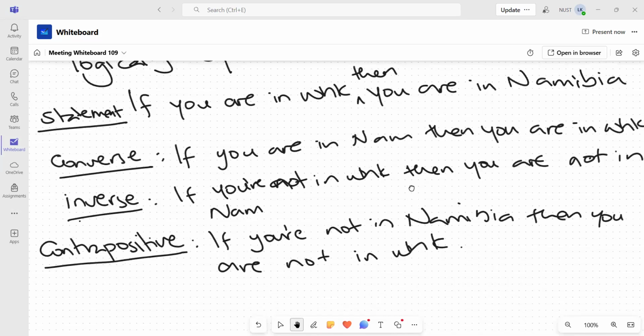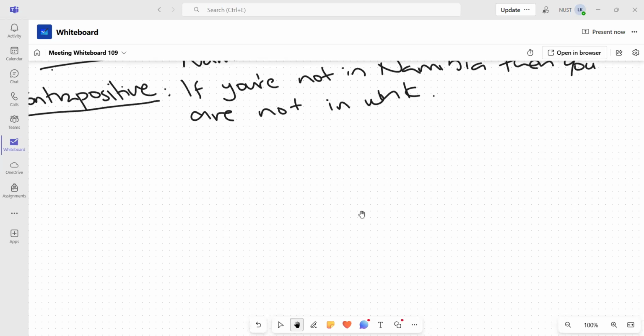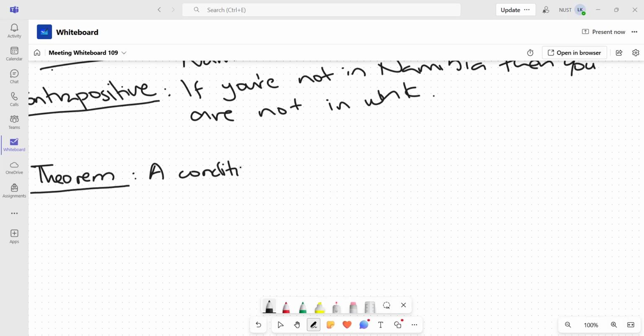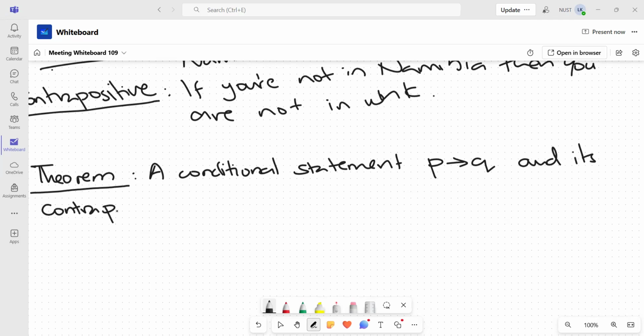Then we have a theorem. This is just a summary of what we have done, and we summarize it as a theorem. So the theorem says that a conditional statement, P implies Q, and its contrapositive, not Q implies not P, are logically equivalent.